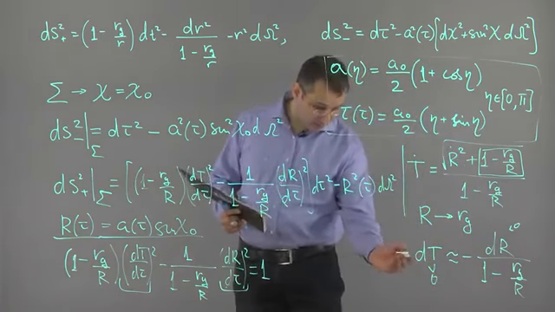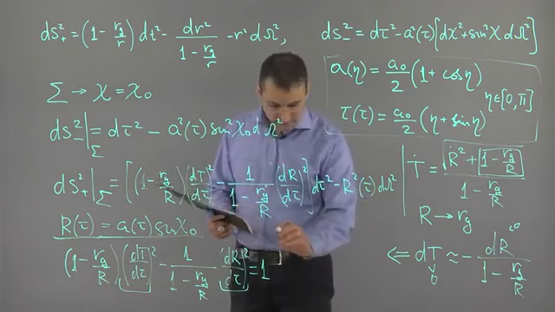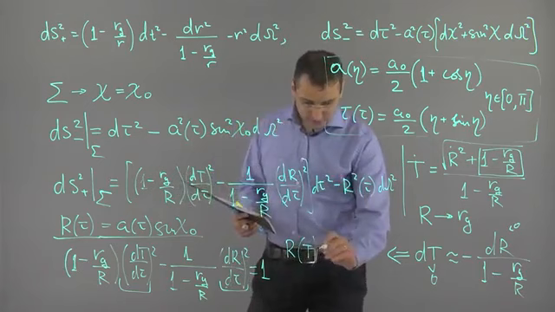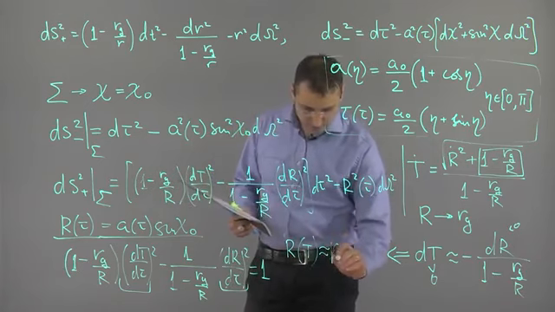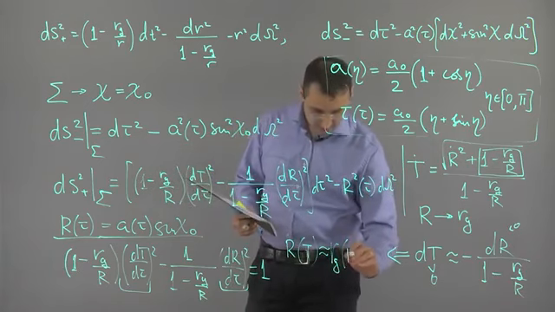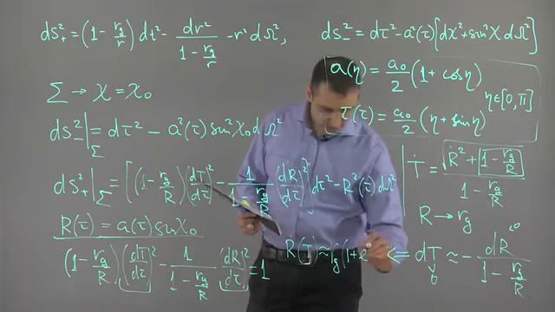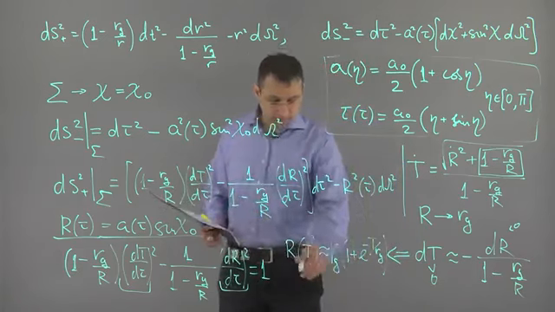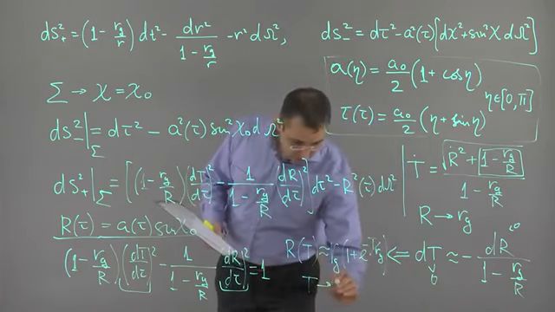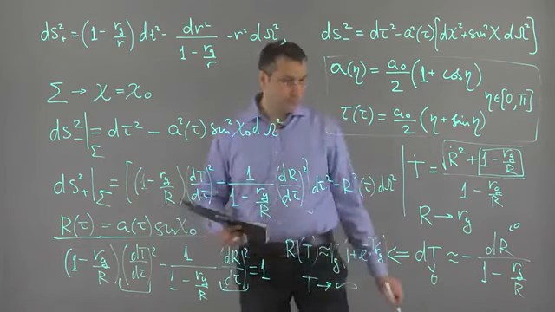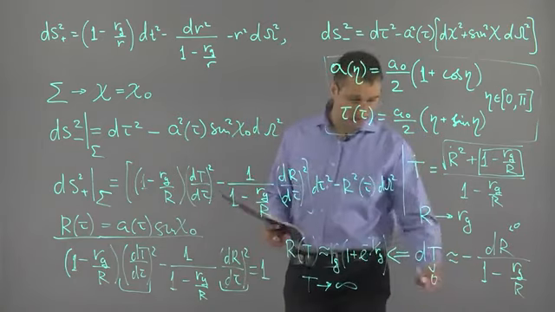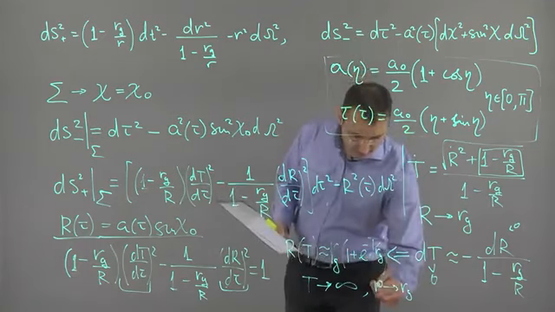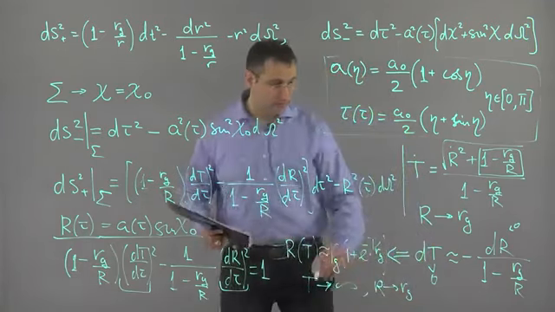And this can be solved approximately: r as a function of t is approximately equal to rg times (1 plus exponent of minus t divided by rg), as t goes to infinity. As r goes to rg, t goes to infinity.